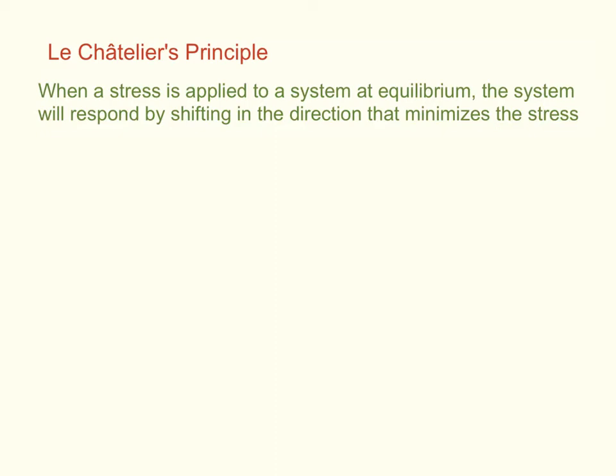Okay, so there are 4 different stresses that we can perform on a system at equilibrium. The first we have is just the addition of a reactant or a product.